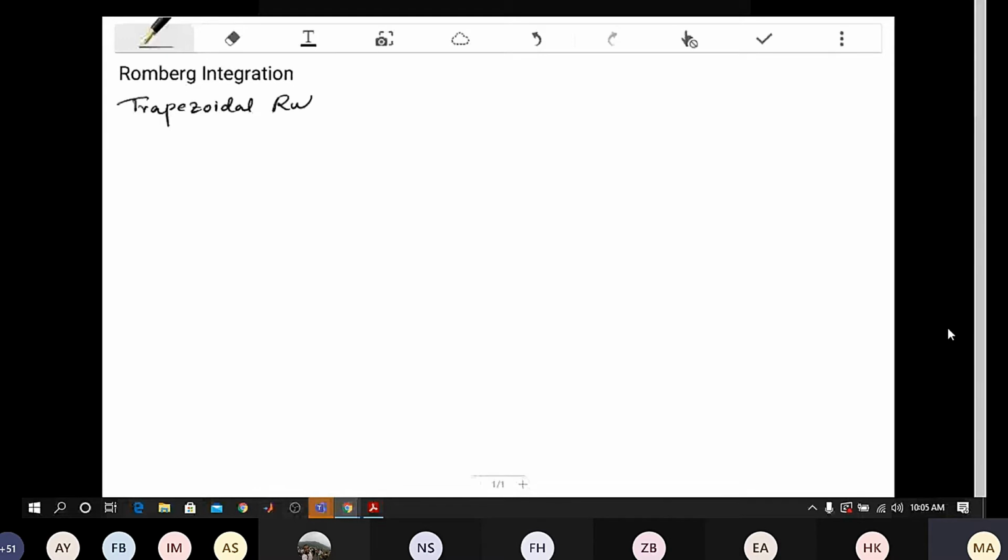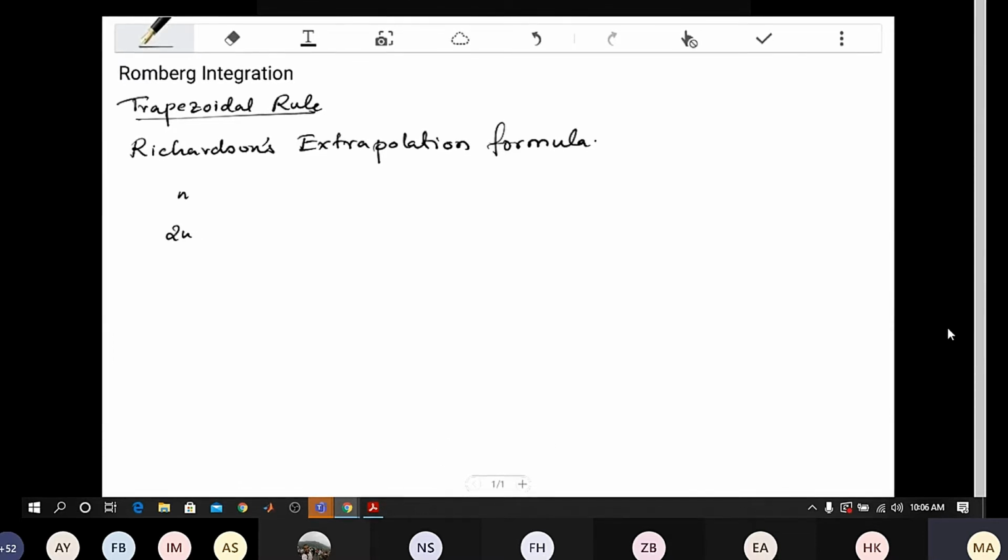Trapezoidal rule. Okay. Now in the last week we have seen the Richardson's extrapolation formula, and if you remember, we said that if you have n segments and you have 2n segments, if you derive the approximate value using the n segments and the 2n segments, then you can use them to get a better approximation using the Richardson's.